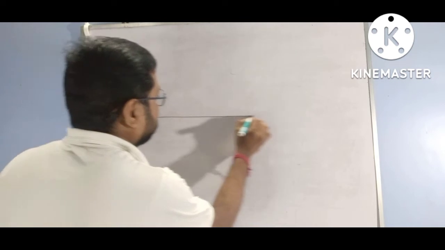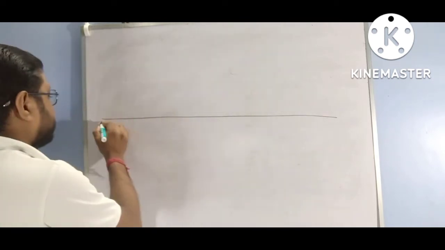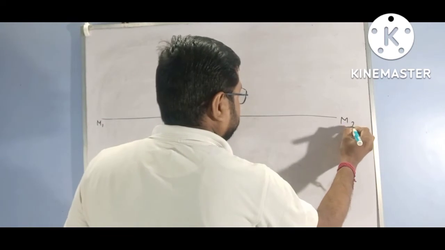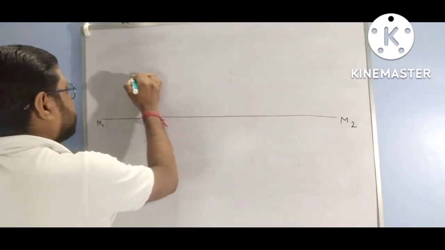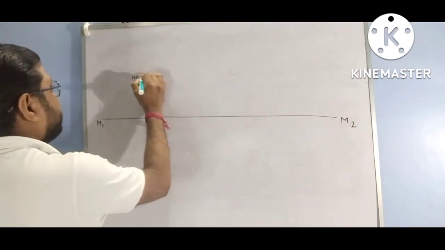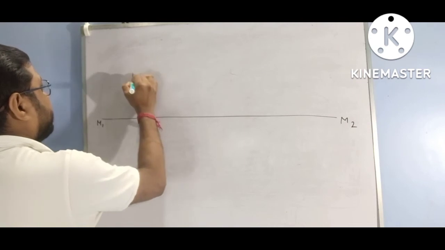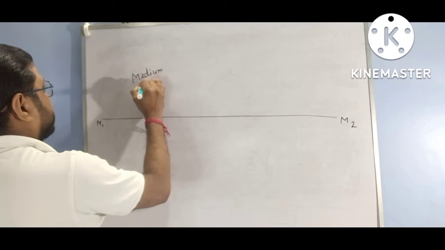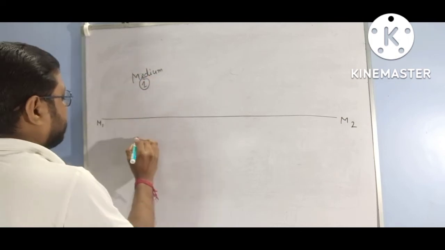What is total internal reflection? If this is the interface between two media, this is medium 1 and this is medium 2.